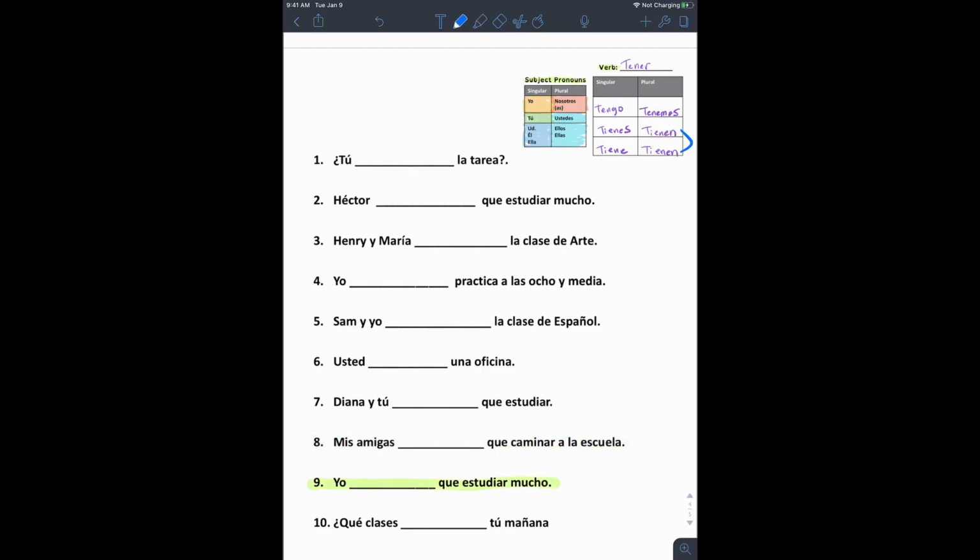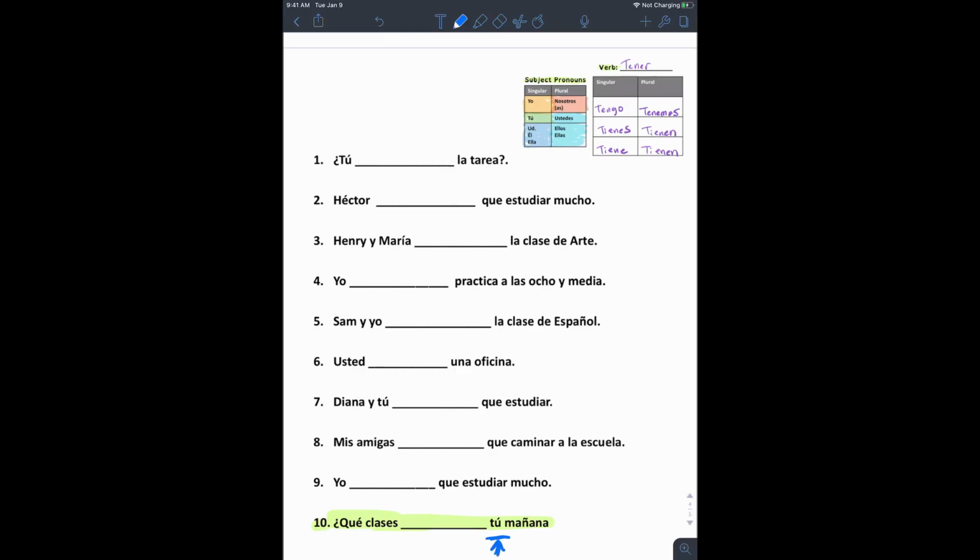Yo blank que estudiar mucho. I have to study a lot. Okay, yo, right here, verb tengo. This is a question. ¿Qué clases blank tú mañana? Okay, so because it's a question in Spanish, we sometimes put the subject after the verb.